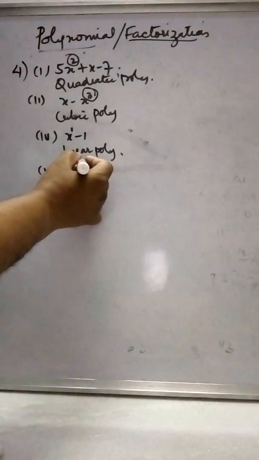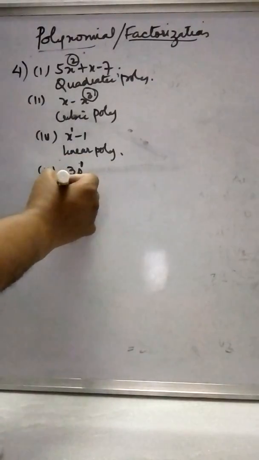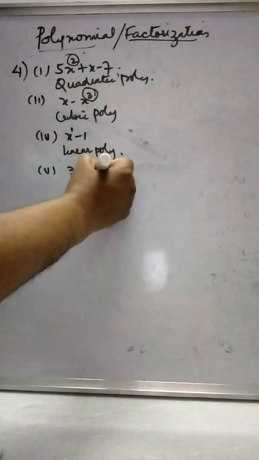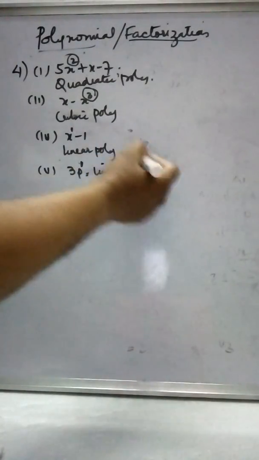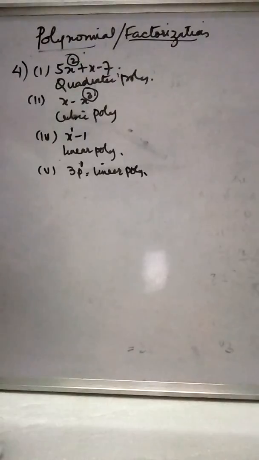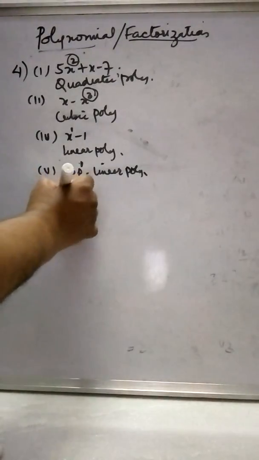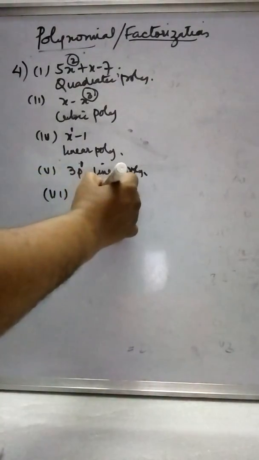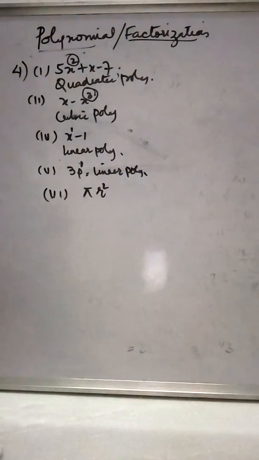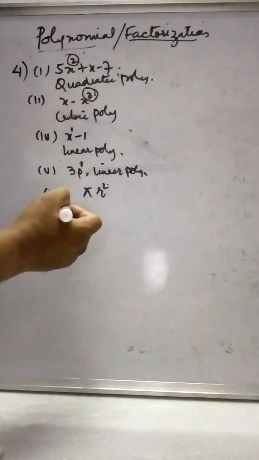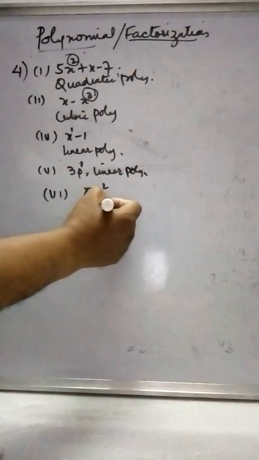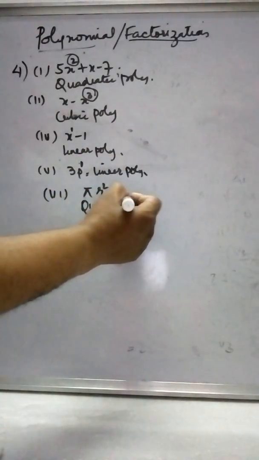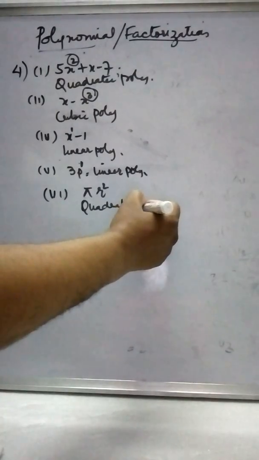The highest power of the variable is 1, so it is also a linear polynomial. Now even for the sixth one, pi r square, r is the variable, so the highest power is 2, so this is the degree of the polynomial, so it is a quadratic polynomial.